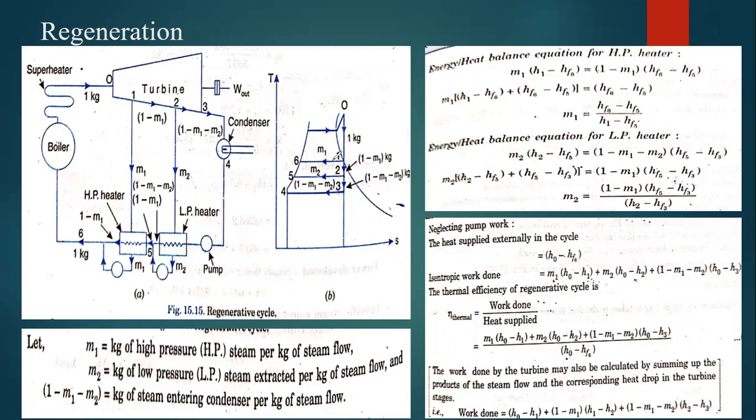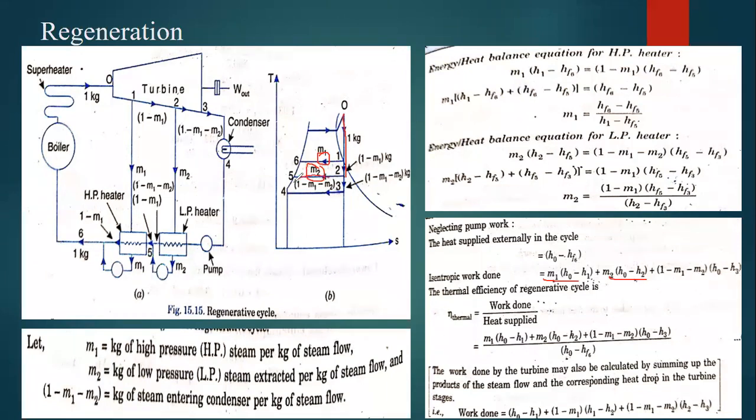If I take the extracted things, first of all, I have extracted M1 kg of mass. Then what is the enthalpy difference? M1 into H0 minus H1. And how much have I extracted here? M2 kg of steam has been extracted from the whole steam. So that's why M2 into H0 minus H2.